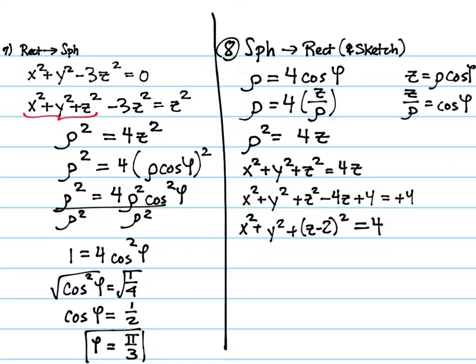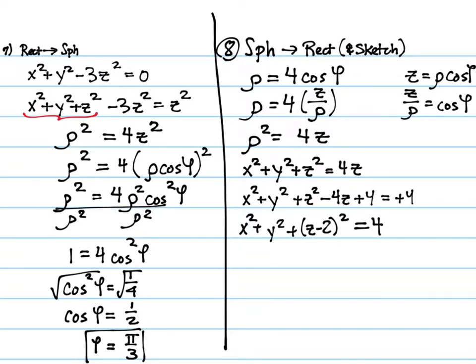Do you know what that's an equation of? It is an ellipsoid, but a very special one. It's actually a sphere. How do I know it's a sphere and not just an ellipsoid in general? Because the A, B, and C values are all the same. Yeah, the coefficients of x squared, y squared, and z squared are all 1.